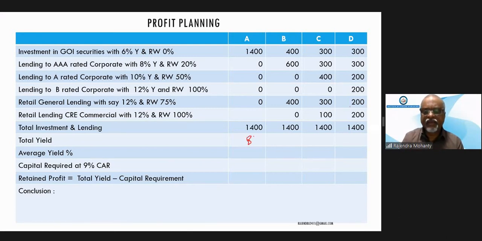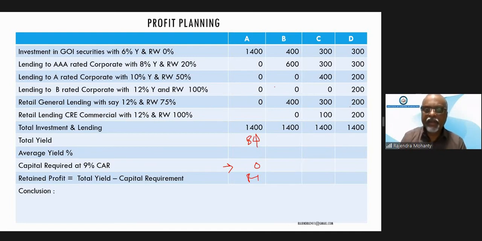And what is the capital you have to keep for that 1400? 0. No capital is required because the risk weight is 0. So what is your retained earning here? It is 84 only.